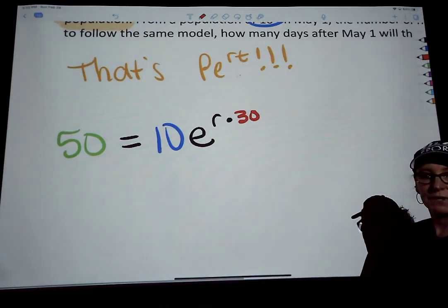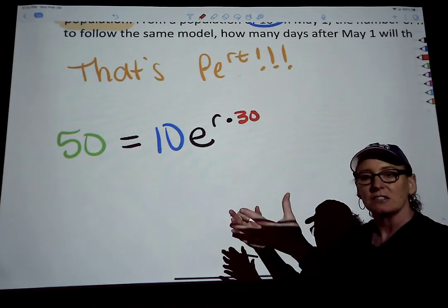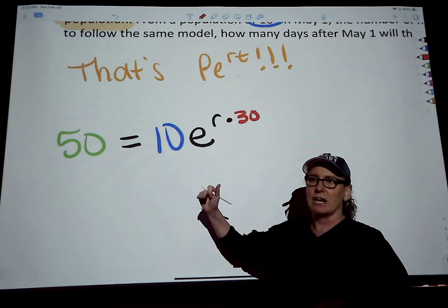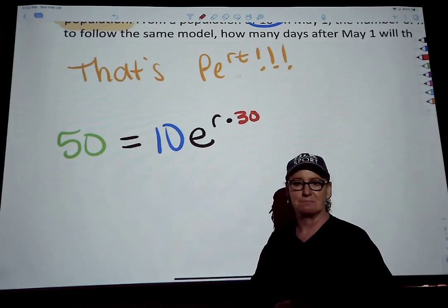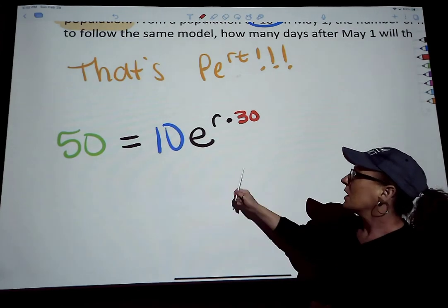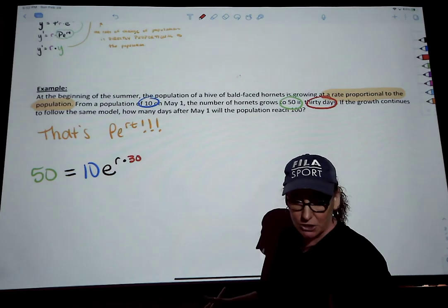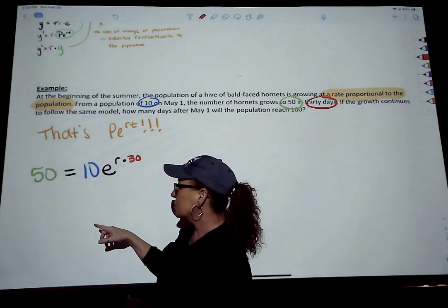See what I did there? I just pulled information out and stuck it in a Pert equation. How did I know to use Pert? Because it said the rate was proportional to the population. And then it goes on to say, I don't know what r is. If the growth continues, when will the population reach 100?